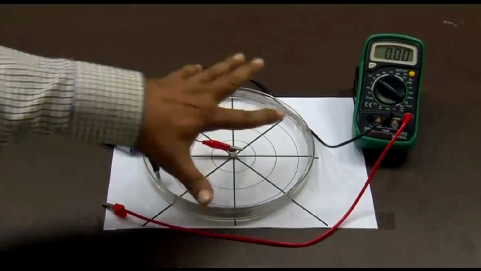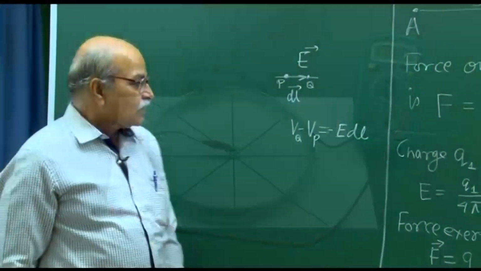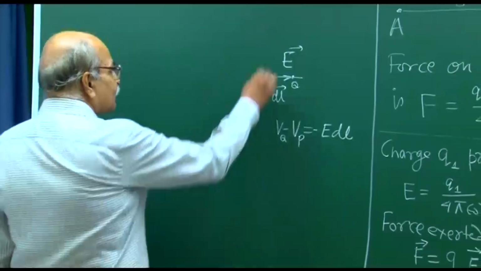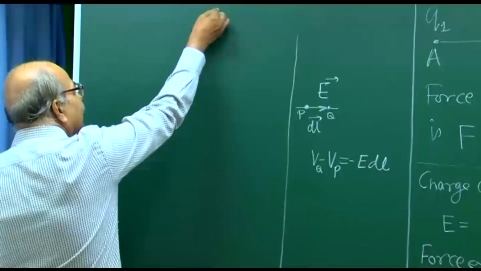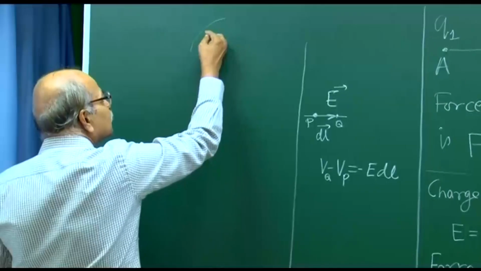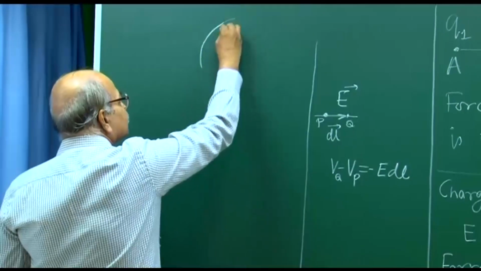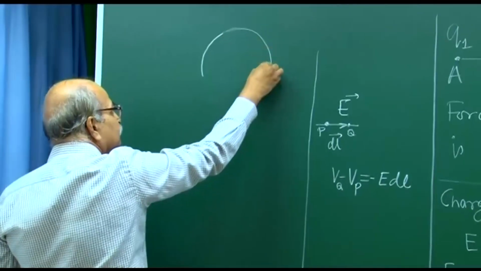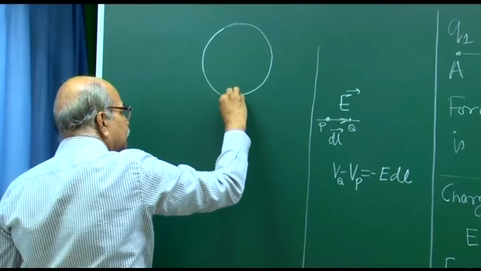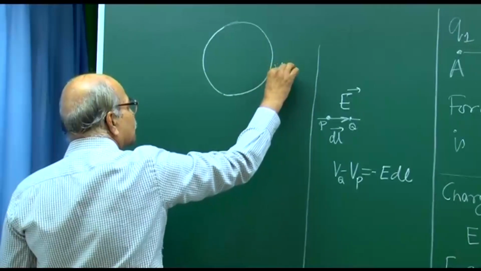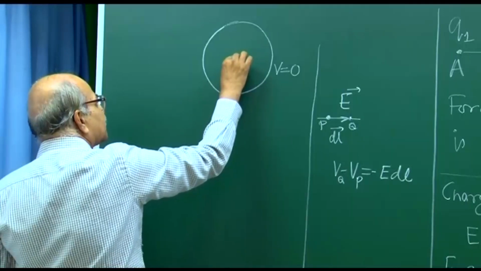So, let me write these things on the board and ask a question. What we had was an aluminum ring here which I assume to be at 0 potential. Then in the middle I put that positive end of the battery.